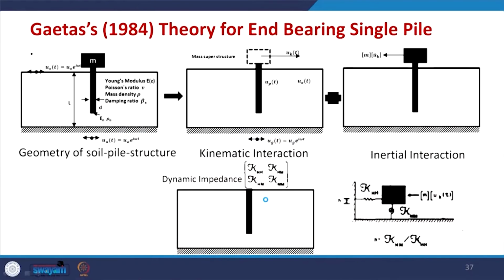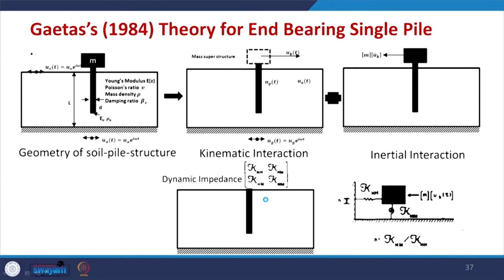So, what is the concept given by Gazetas is given in this slide, and this is a very good practical concept for soil pile interaction, particularly of the single pile. See, this complete problem is given in figure 1, part 1 of the figure. So, what you have?